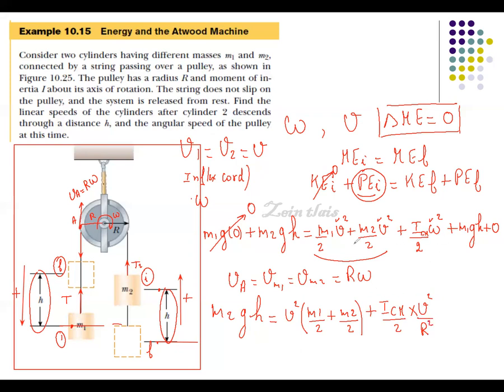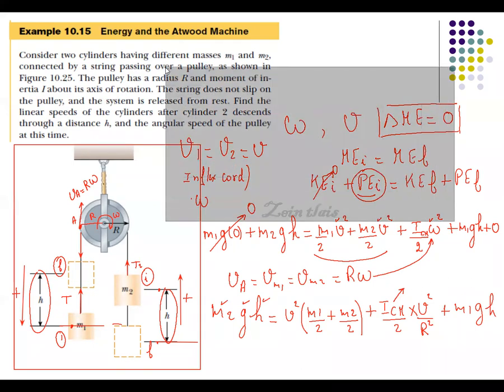If you want to calculate omega, you have to substitute the value of V equals R omega. If you want to calculate V, we can substitute the value of omega by V divided by R. Here you can calculate R or omega. We have a relation between them. Plus M1 G times H. Okay, here we can calculate V square, the value of V, easily. We have the value of M2 G H. Also, I give you the value of ICM.